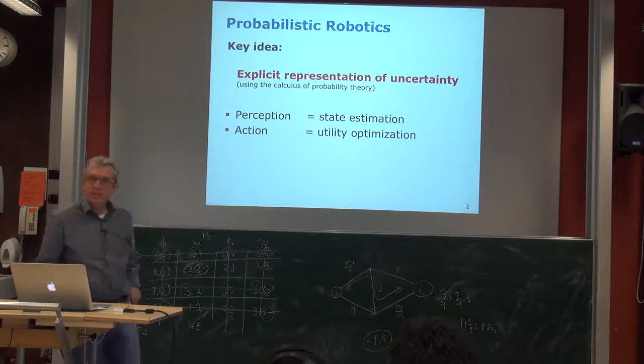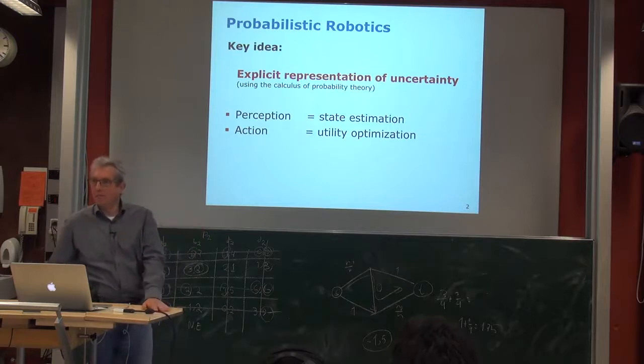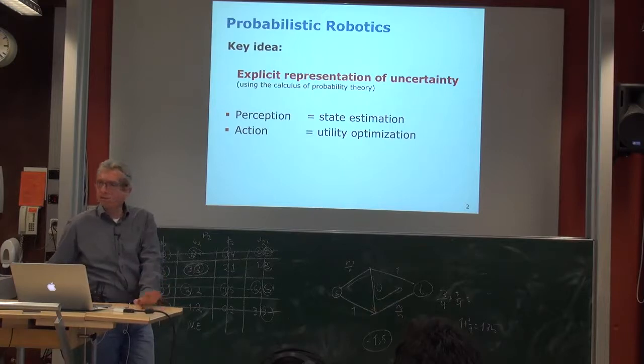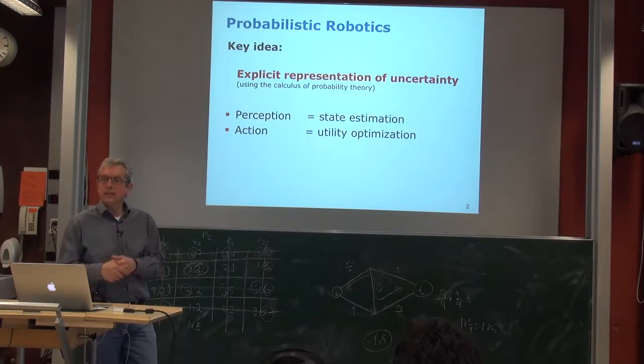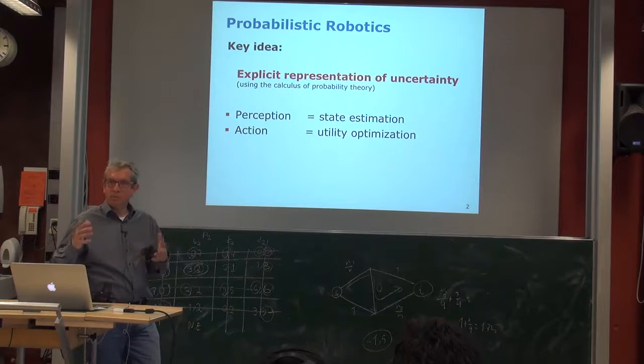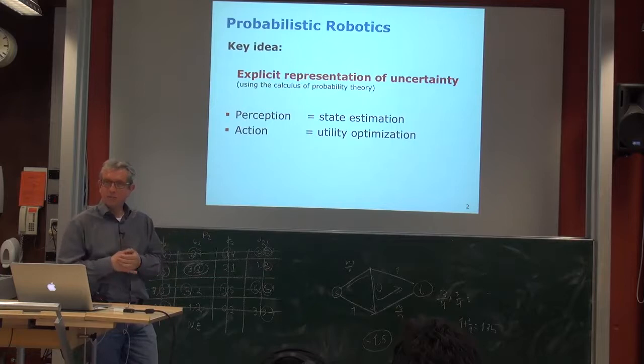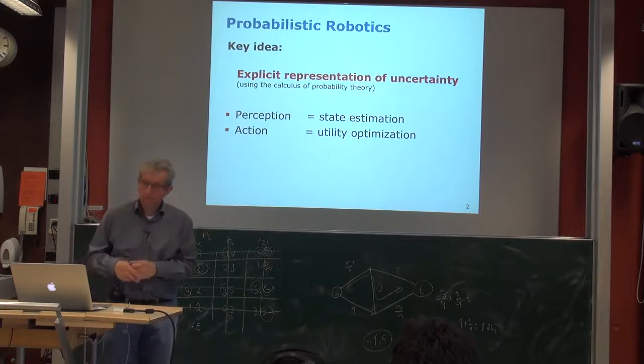So the key idea of probabilistic robotics is, given the fact that robots live in an imperfect world, with no perfect sensors and no perfect actuators, that we are trying to arrive at an explicit representation of uncertainty, which then allows us to reason about the uncertainty and enables robots to do amazing things, like active perception, to reduce, for example, the uncertainty in their belief about their own state or the state of the environment.